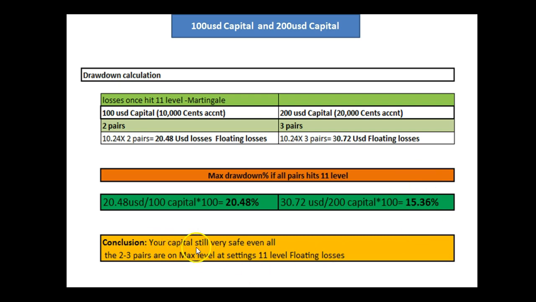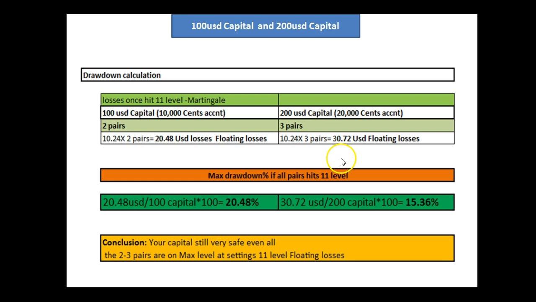Your capital is still very safe, even if all 2 to 3 pairs reach the max level of 11 floating losses. What it means is, let's say all 3 pairs hit up to every level.